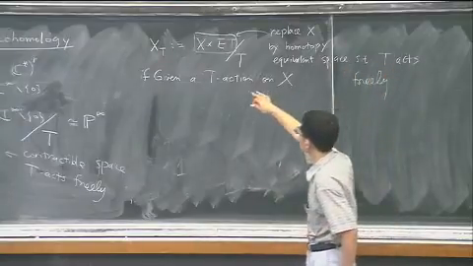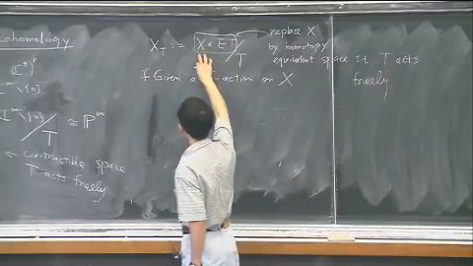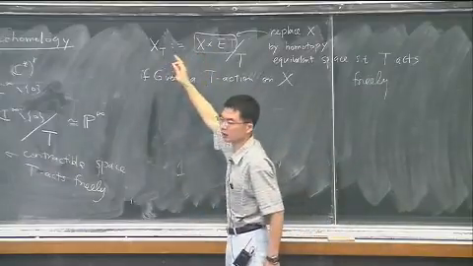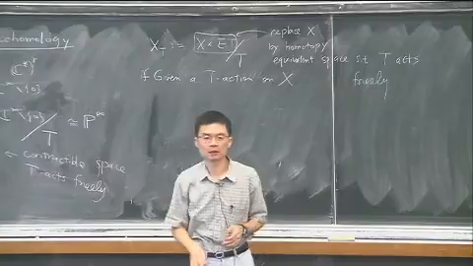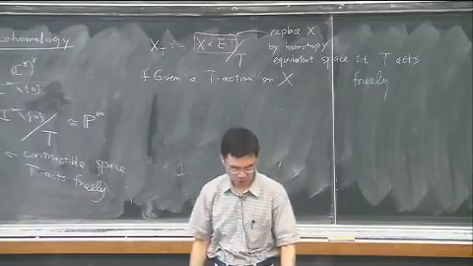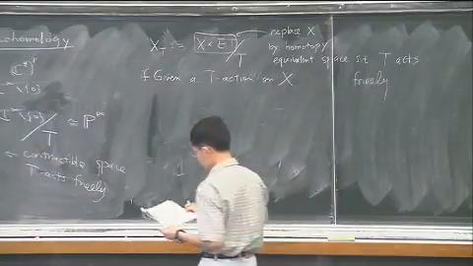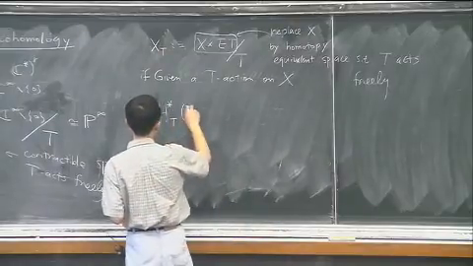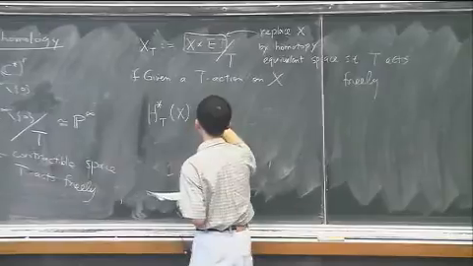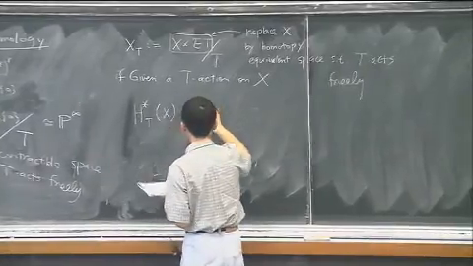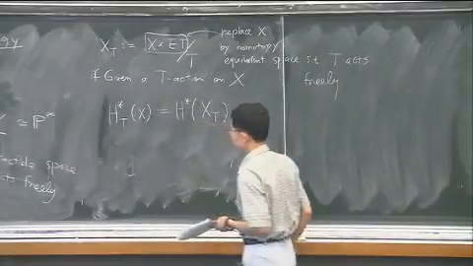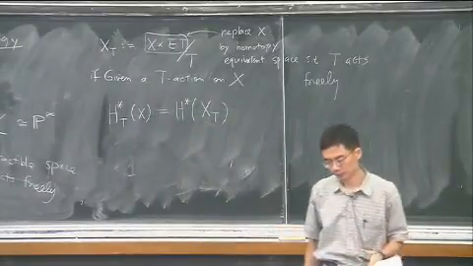That is what I meant by this. For example, if X already has a free T action, you can just think of this as X quotient by T. But if not, I want to replace that with something on which T acts freely. So I define my equivariant cohomology to be the cohomology of this quotient. So this is sort of a homotopy quotient instead of a real quotient.